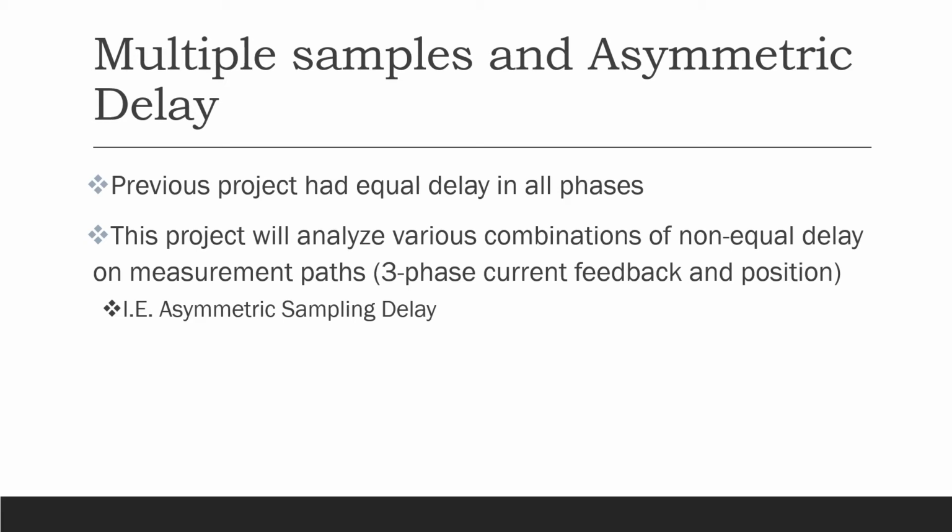This project will analyze various combinations of non-equal delay on the measurement paths, which means that we're going to analyze varying levels of delay simultaneously on the 3-phase current feedback and position measurements.